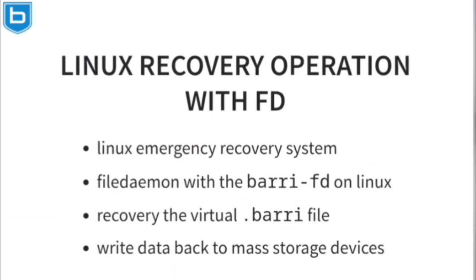Then this can be recovered to the disks via the Linux disaster recovery system. And it will write directly the blocks that come back to the disks. And this is exactly what was saved also on Windows. And afterwards, you can just restart the machine and will have the Windows recovered.